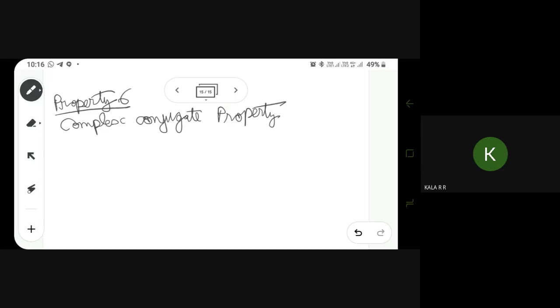Okay. So as per this property, what they're saying is, x of n is your signal. So if you're taking DFT for this, what happens? It becomes x of k.